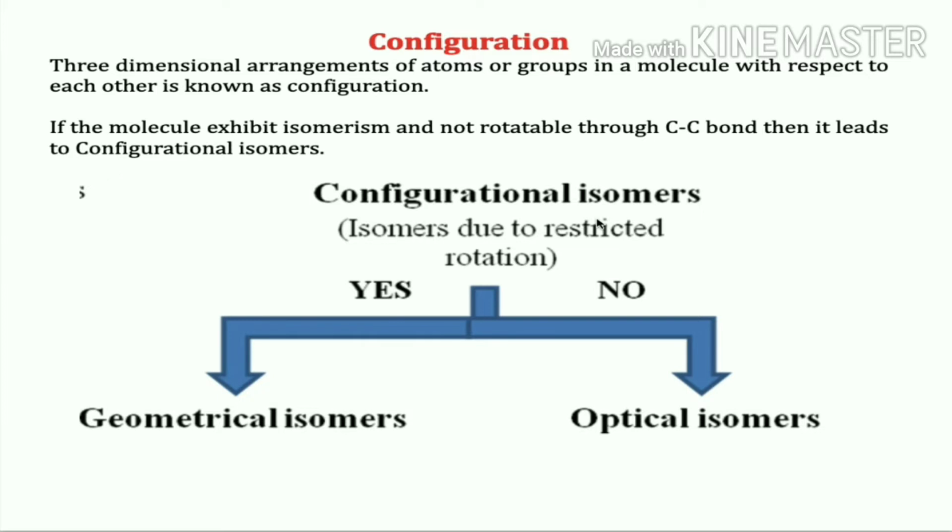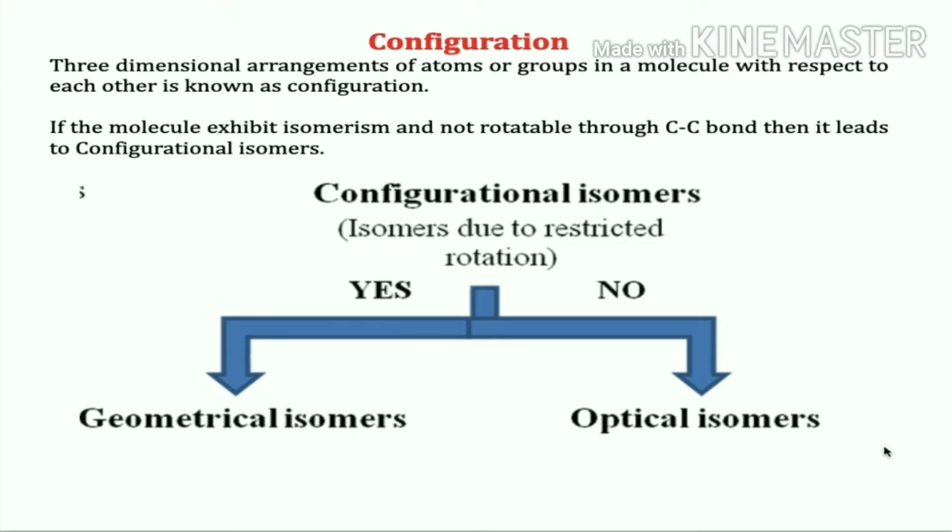These configurational isomers again have two different types, depending upon whether they have restricted rotation or not. If there is restricted rotation, we classify that configurational isomer as a geometrical isomer. If they don't have any restriction, then they are called optical isomers.